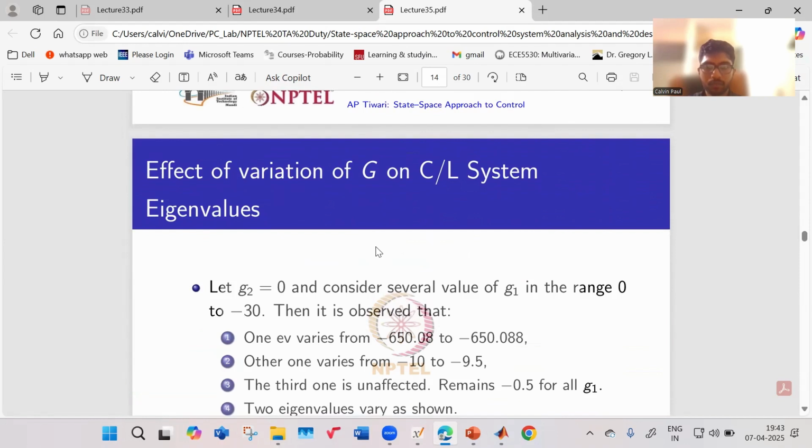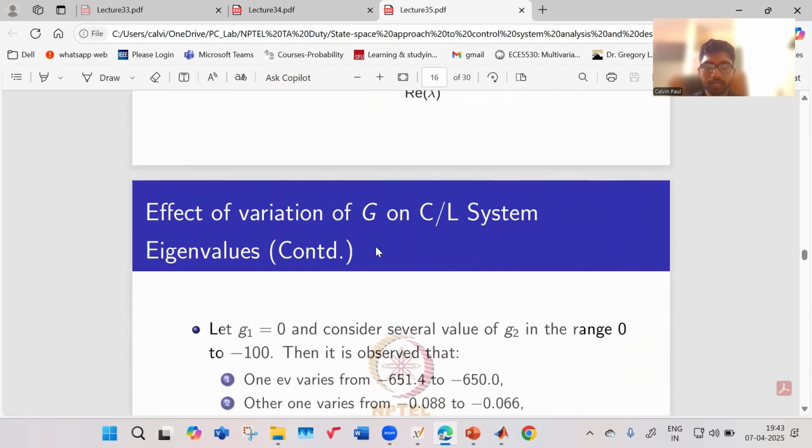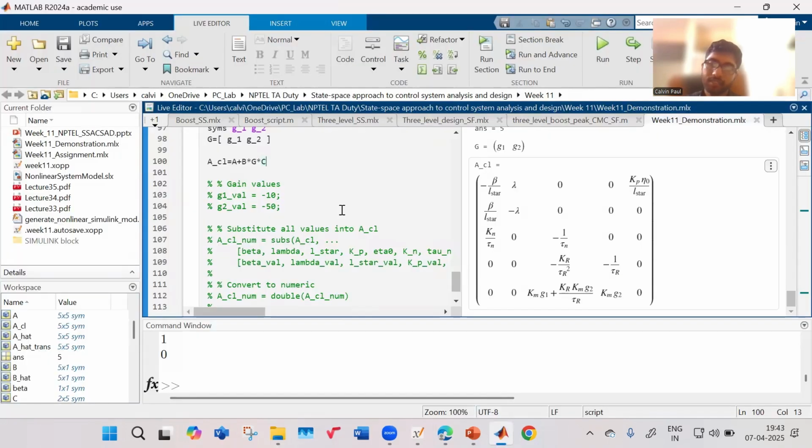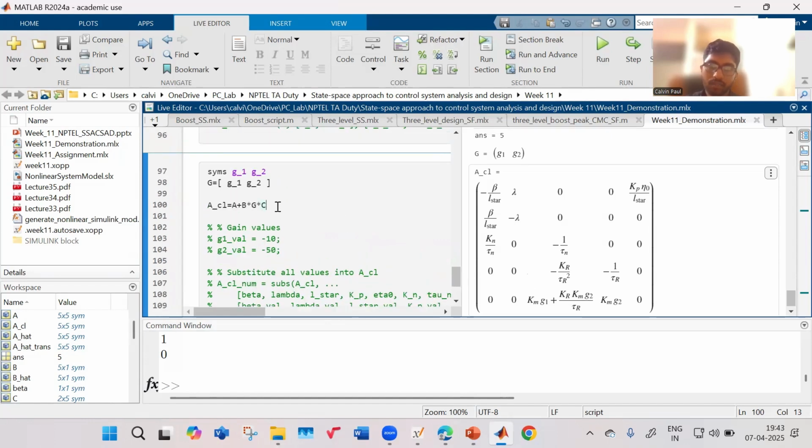Now, let us say that I want to put my G1 at minus 10, G2 equal to minus 15. I want to see what is my, or let us find a better way. Let us find the characteristic polynomial.